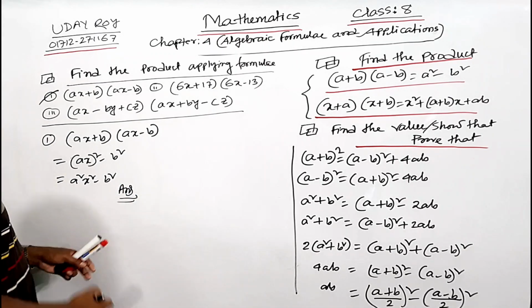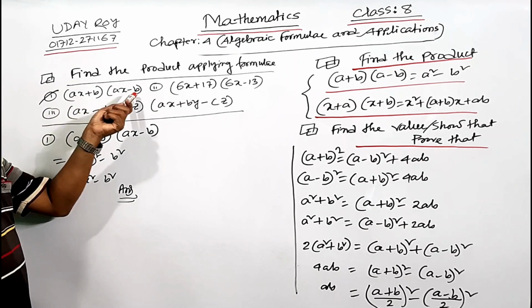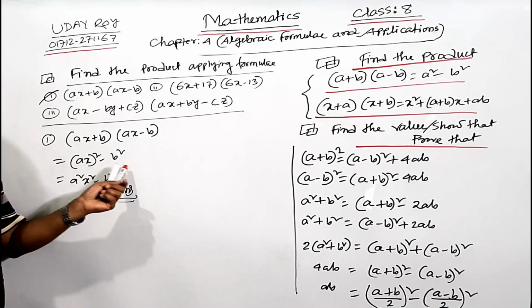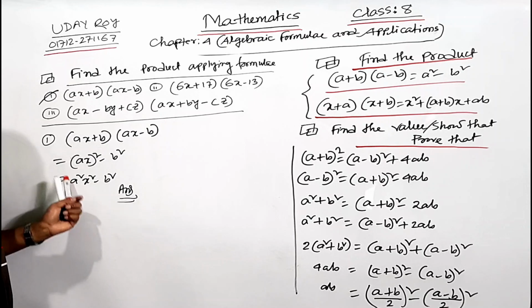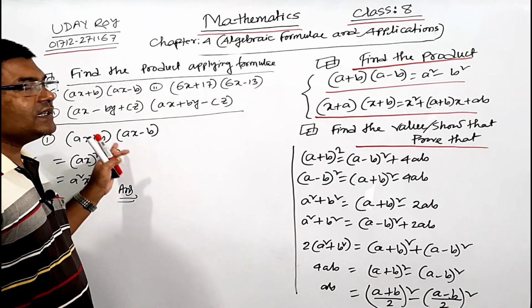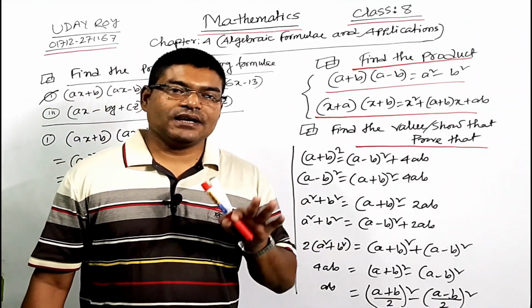Maths completed. Number 1 completed. We have got (a + b)(a − b), so a² minus b². So (ax)² is a²x² minus b². So we have done maths number 1. That means (a + b)(a − b) is completed.